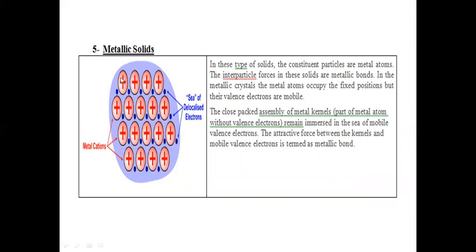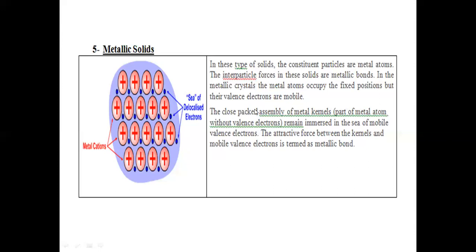So these seem to be floating in a sea of electrons. Kernels are seeming to flow in a sea of free electrons here in the structure. So it's a model of a metallic solid actually.